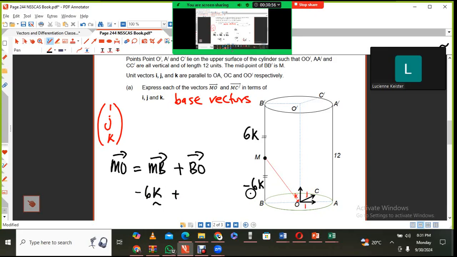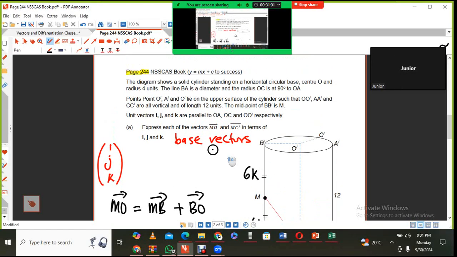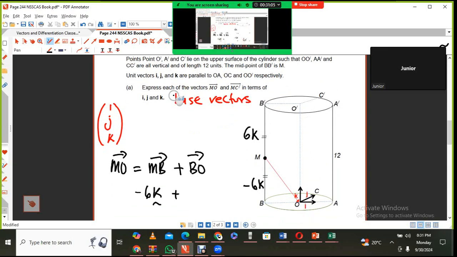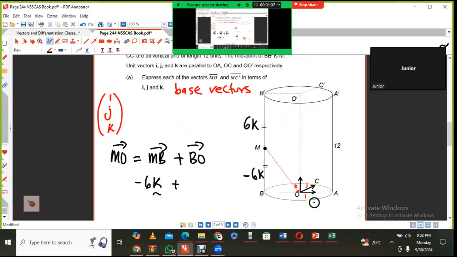We are told the radius from O is just 4 units, from O to C. So BO is the same as O to A, which is the same as for I. Are we together so far?